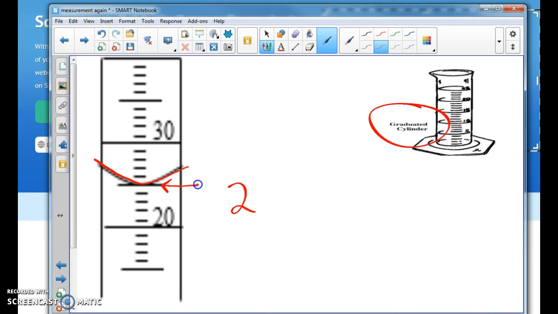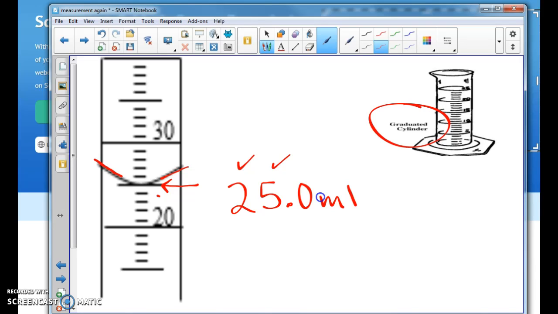It's touching this big line, which is halfway. So we know it's 25. We know it's not past 25 and not less than 25. All right, so since we know both of these, then there must be one more digit that is estimated. Since this looks to me like it's touching, I'm going to put a 0 and call that milliliters, 25.0 milliliters.